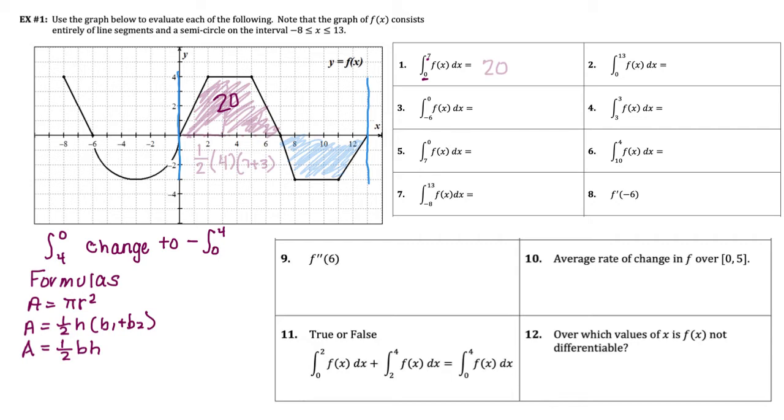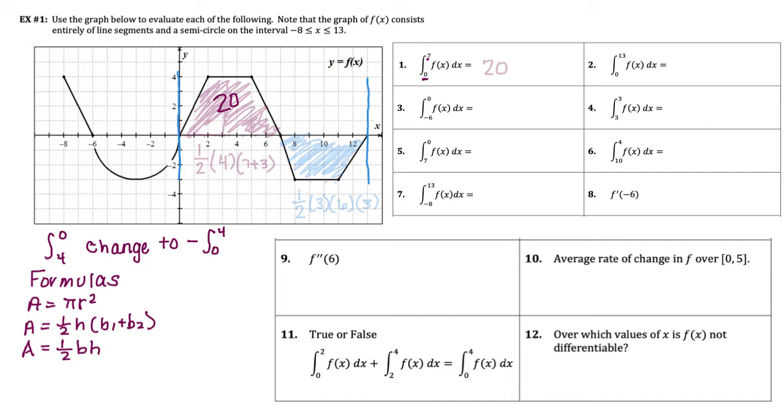And if you do 1/2 the height, which the height is going to be 3, times the sum of the bases. Well, the bases, the first base, or the top one, is going to be 1, 2, 3, 4, 5, 6, times the bottom. It's going to be 1, 2, 3. So that's going to give us 9 times 6.